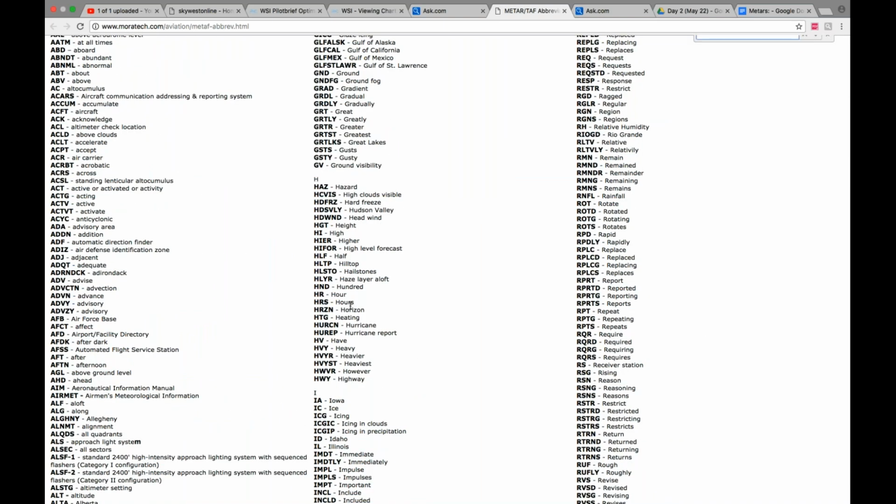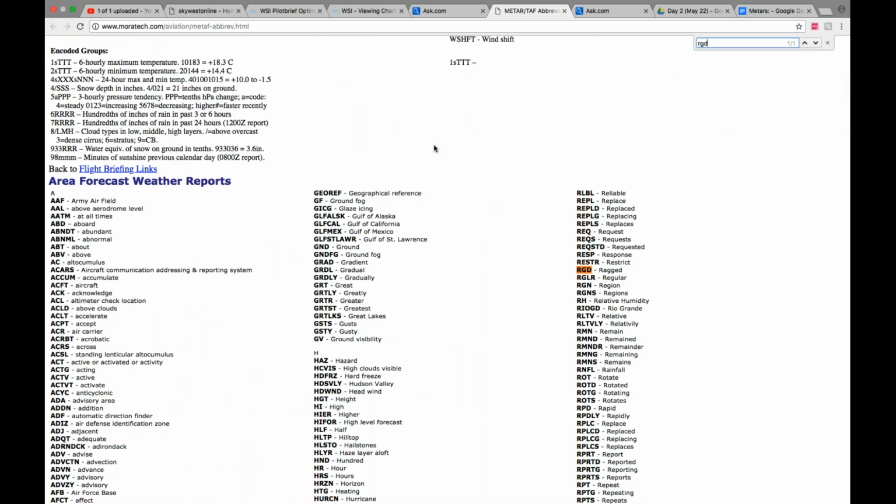One thing that's easy to do here is, let's say you want to look at what does RGD mean? Well, just do a Control F, or what is it on the Mac? Command F, and do the search box, and there you go, rugged or ragged.